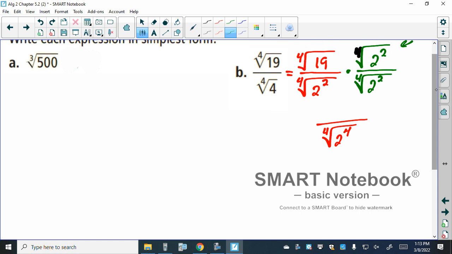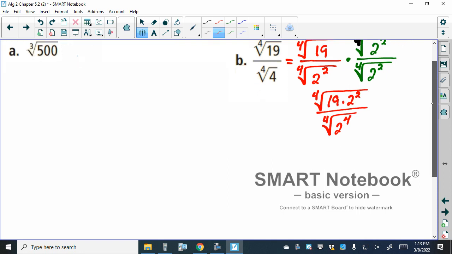And when we do this multiplication, well, the numerator is going to be the 4th root of 19 times 2 squared. Because we don't just have 2, we have 2 times 2. Now, at this point, we could have multiplied it by our 2 squared.